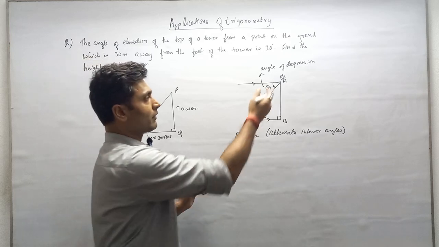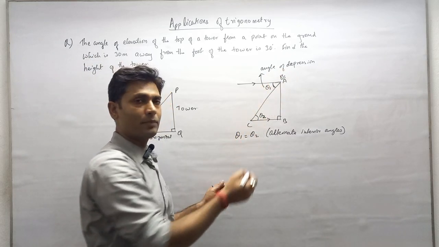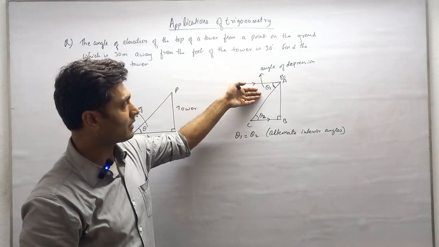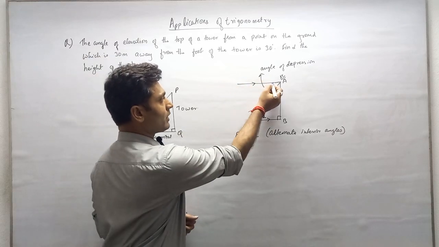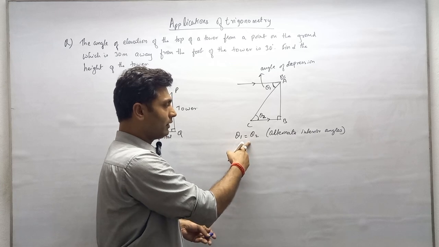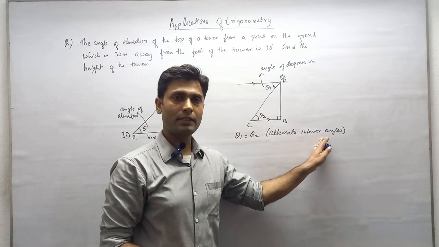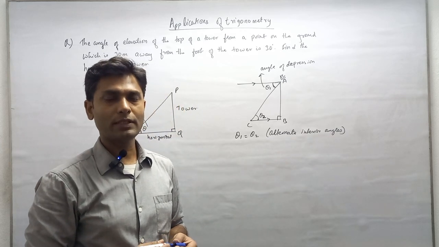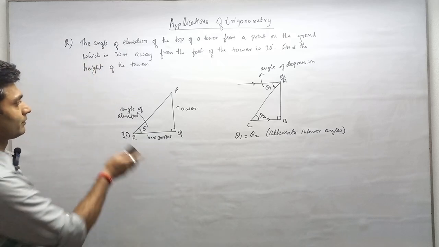Whereas when you are looking from the top downward, the angle formed between the horizontal and the line of vision is known as the angle of depression. Now this angle of depression is equal to this angle. I have marked here theta 1 is equal to theta 2 because they form alternate interior angles, and these alternate interior angles are always equal to each other.